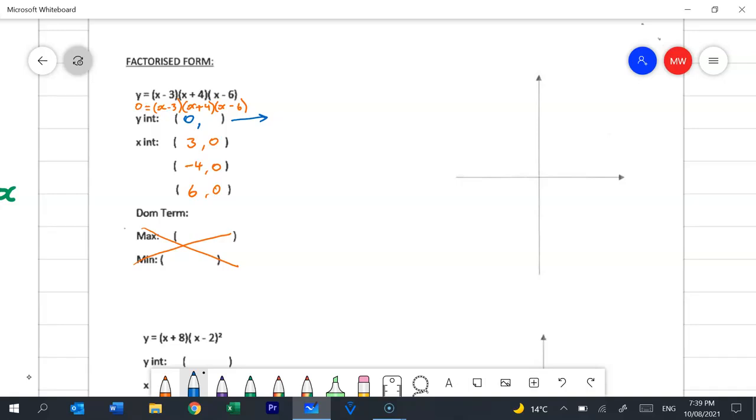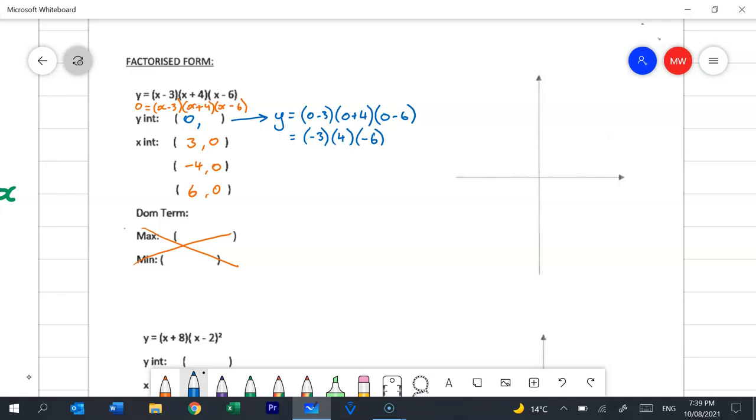So we have got y equals 0 minus 3, 0 plus 4, and 0 minus 6. Or better yet, we've got -3 times 4 times -6.